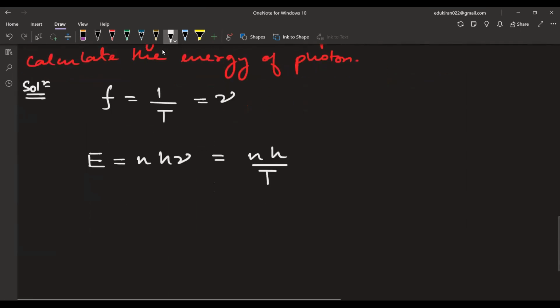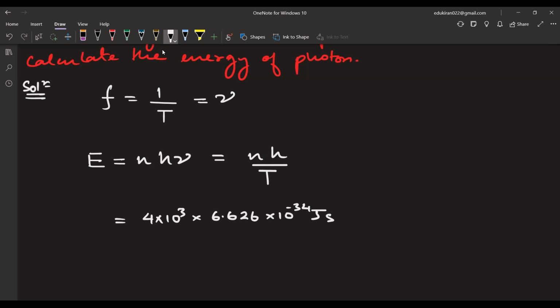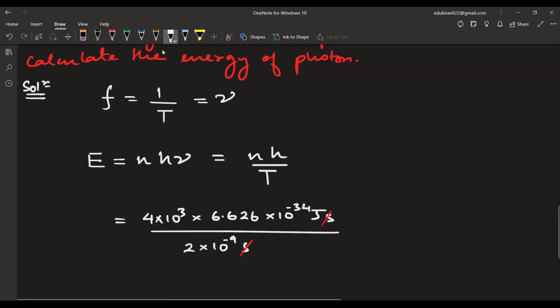Okay, so this will be equal to n is how much? 4 into 10 to the power 3 into 6.626 into 10 to the power minus 34 joules per second divided by the time period here, which is equal to 2 into 10 to the power minus 9 because it is nanosecond per second. And when you cancel these things, you'll get this in terms of joules only.